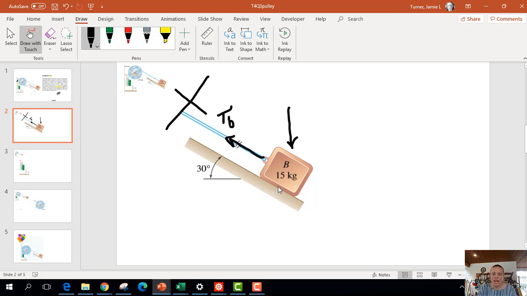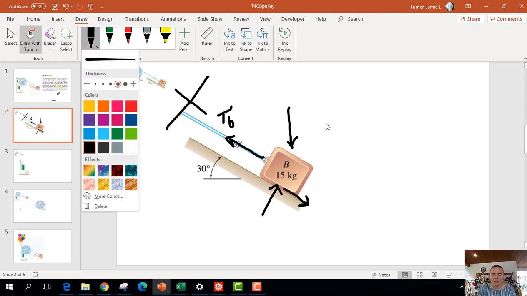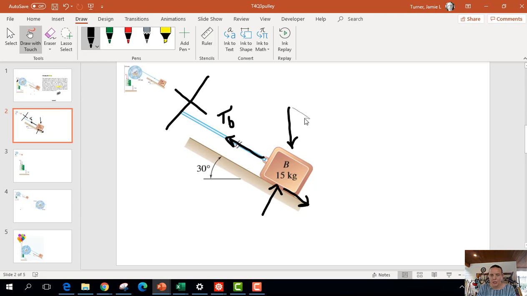So kinetic diagrams versus free body diagrams, all of these forces, friction is opposing motion. So all of this stuff is going to add together to the acceleration, okay? So we've got our free body diagram.